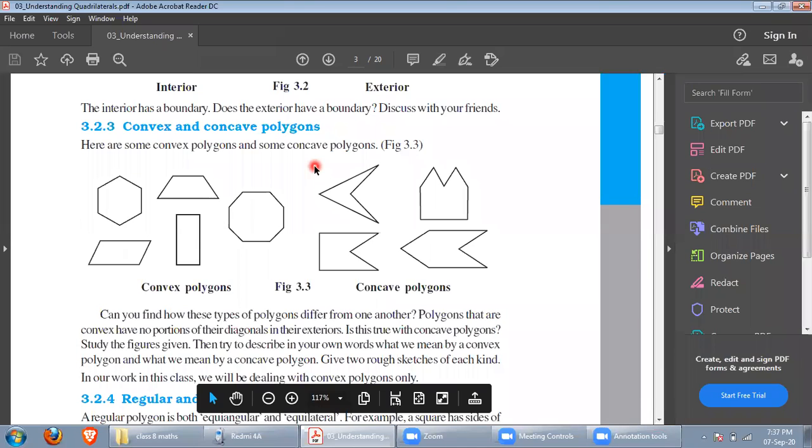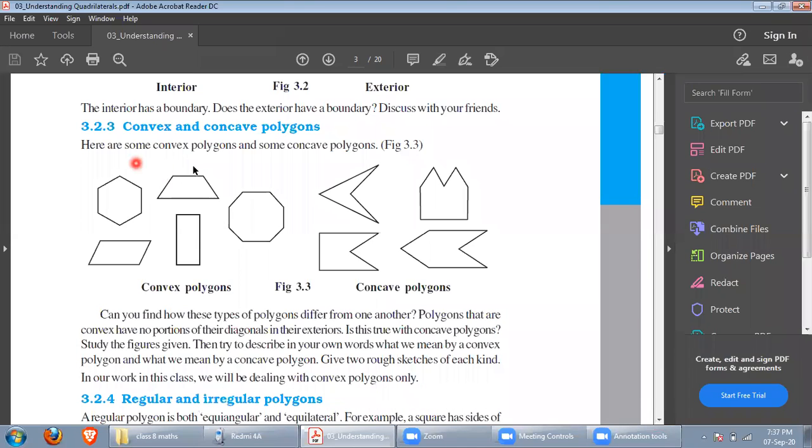So let's start convex and concave polygons. Here are some convex polygons and some concave polygons. This group are convex polygons and these groups are concave polygons.